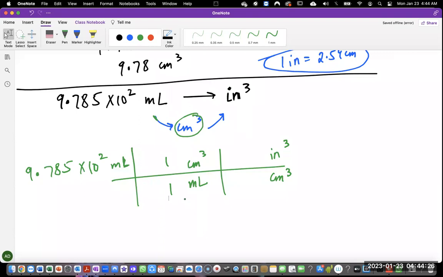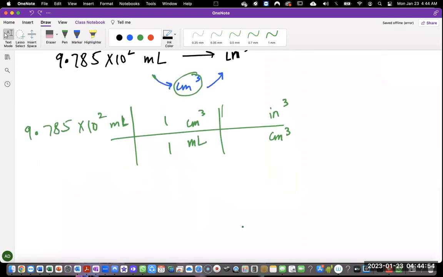Okay. All right. Now, the next is how to go from centimeter cube to inches cube. That is what is important here. So when both the units are cubed, you got to remember from the example we did earlier for the meter cube and centimeter cube, is that whenever the units are cubed, the conversion factor should also be cubed.